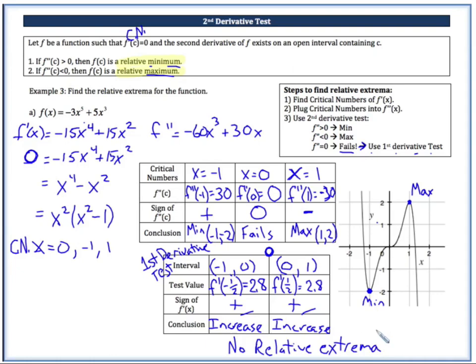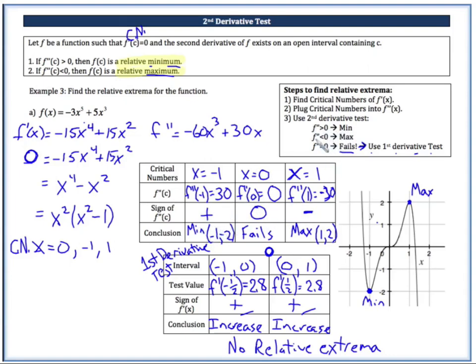Okay, so just shortly recapping what we did. We wanted to find relative extrema, so we found our critical numbers by finding our first derivative, setting it equal to 0, and getting our critical numbers. Then we plugged the critical numbers into our second derivative, and we found the sign for each of those. If it was positive, then it was a minimum.